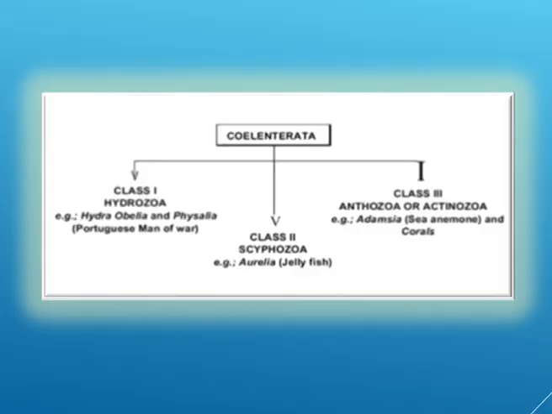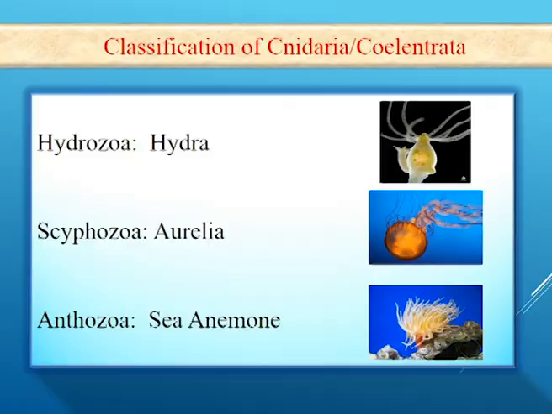When we see the classification of Coelenterata, it is divided into three major classes: Hydrozoa, Scyphozoa and Anthozoa. Hydrozoa consists of Hydra, Obelia and Physalia. Here the polyp stage is more common, and they also have the medusa stage, but the polyp is more dominant in Hydrozoa.